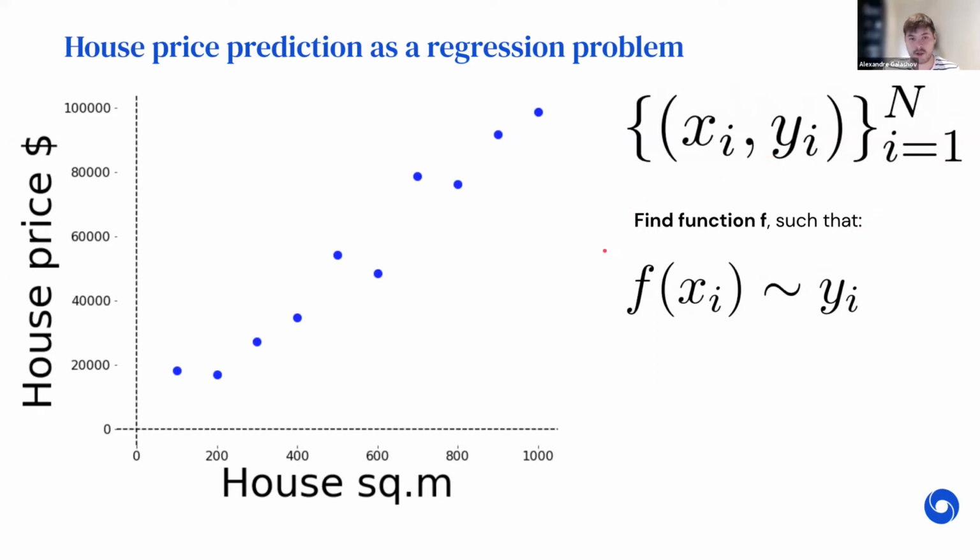Obviously, if you put F such that for every house size it just gives a price of 0, it's not an interesting function in some sense. We understand that. It also needs to be able to predict the points which we didn't observe in the data set, the red dots on this graph.